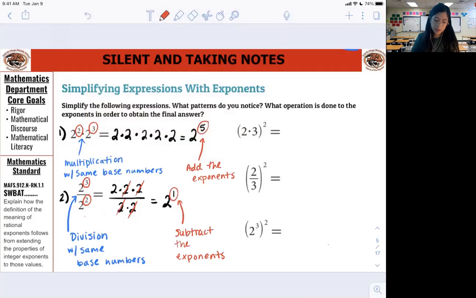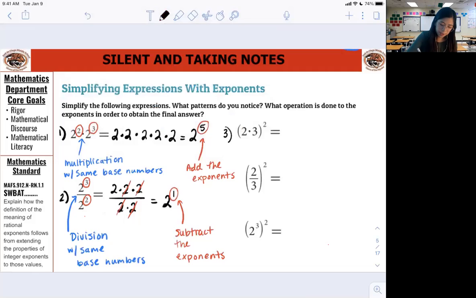Okay, now let's take a look at what we had in number 3. Number 3 is a little bit different, because I had multiplication first, and then I had to do the exponent. So this was the same as 6 to the power of 2, which gave me 36 in total. But I'm going to write this a different way. I want you to see what I can also do.